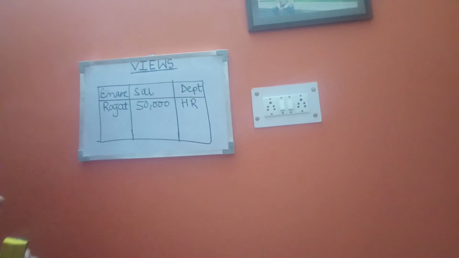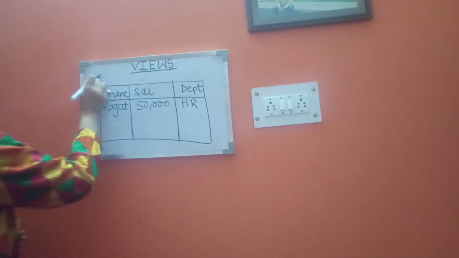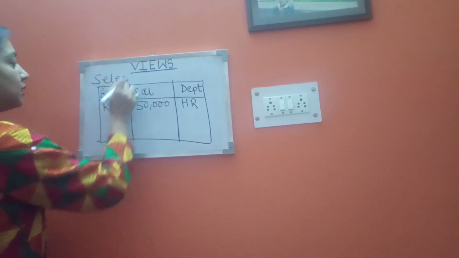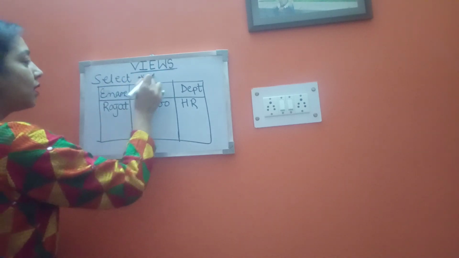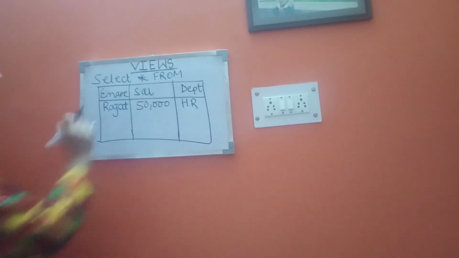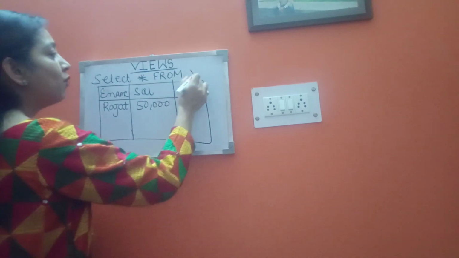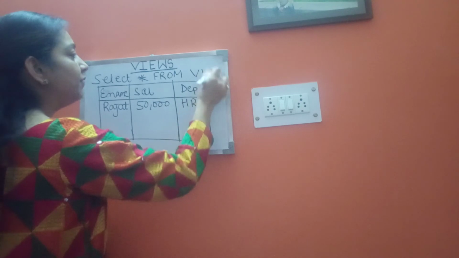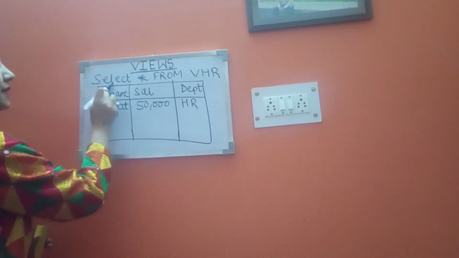Now I told you how to create a view, but in order to access a view, what do we do? In order to access a view, you say select star from, just like I say select star from table name, here I will give the view name. What was the name of the view that I gave? It was VHR. So I will say select star from VHR.